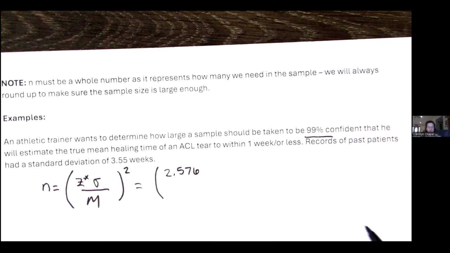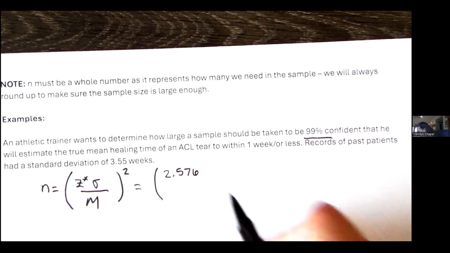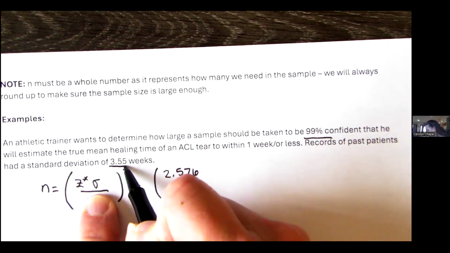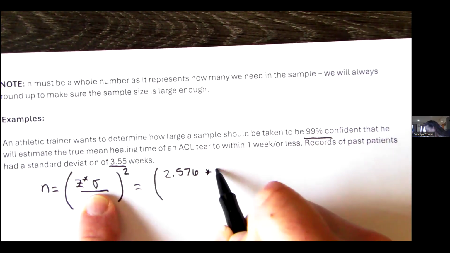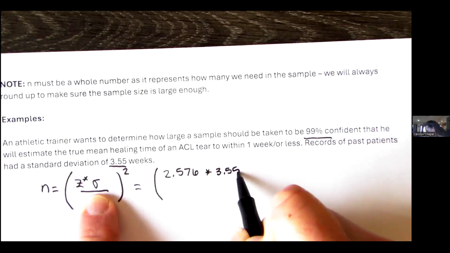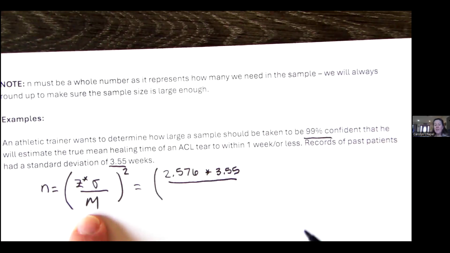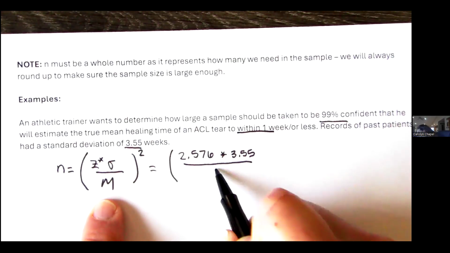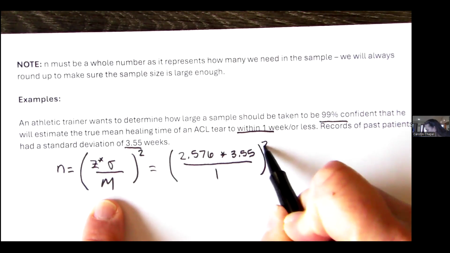I pulled that right from the table that we had earlier. My sigma, that is my standard deviation of my population, is 3.55. The margin of error, that's how accurate we want it to be, within 1 week. And then we're going to square all those things.